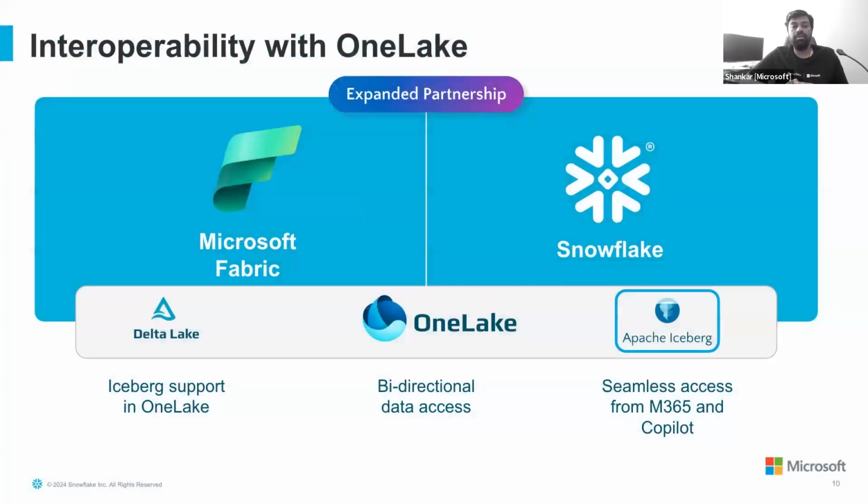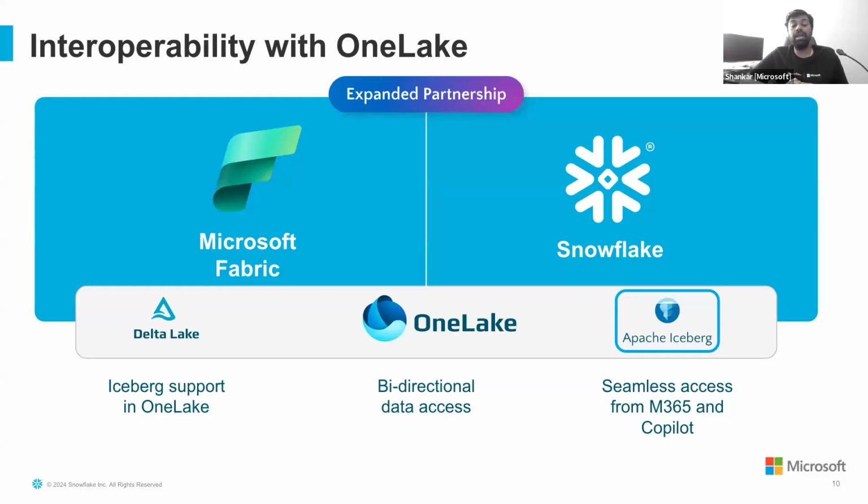Next slide. In terms of interoperability, we announced this around our Microsoft Build event and after Summit, and recently a little bit more at FabCon that happened in Europe. We have a new bidirectional integration between OneLake in Microsoft Fabric and Snowflake.